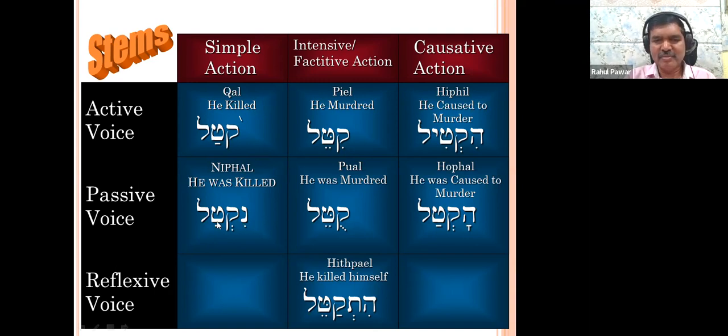Niqtal, Nishmar. Any verb, for example Katav means he wrote, becomes Niktav.